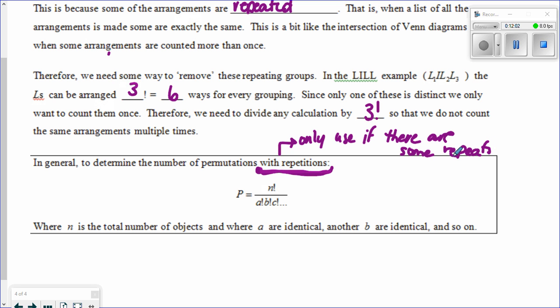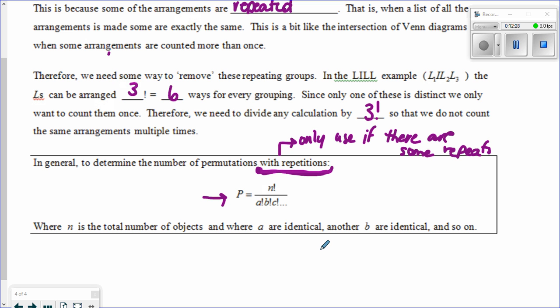So if it's a letters thing, if it has repeated letters, if it's a pathways question, if you're repeating the direction that you travel, if there's cars that are identical or something like that, we have repeats. So this is our formula for the number of different arrangements.